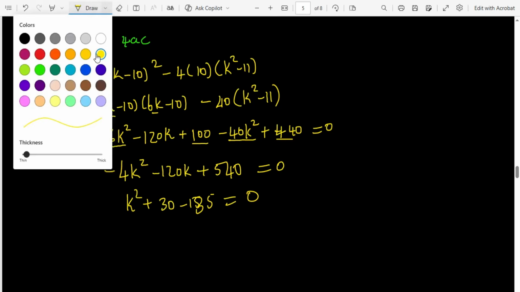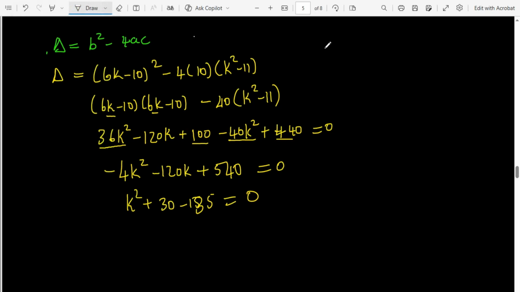Can we factorize this? Nope. But we can use the quadratic formula, okay? So this is in the form of ax squared plus bx plus c. The value of a is 1. The value of b is 30. C is minus 135. Right.